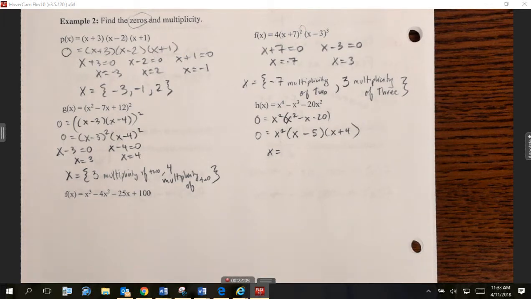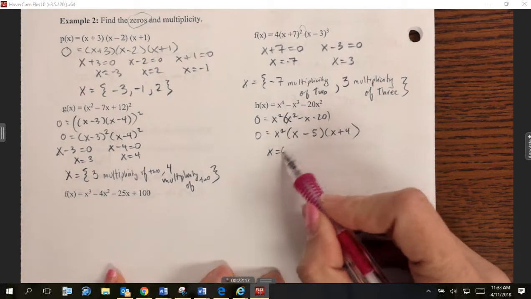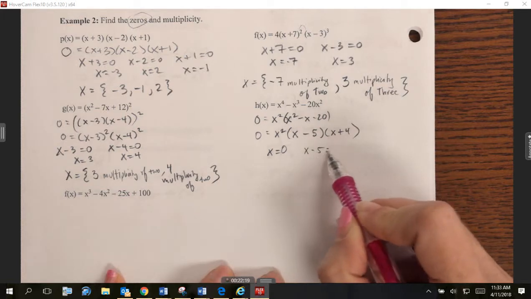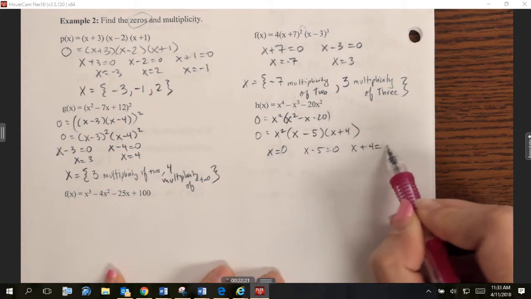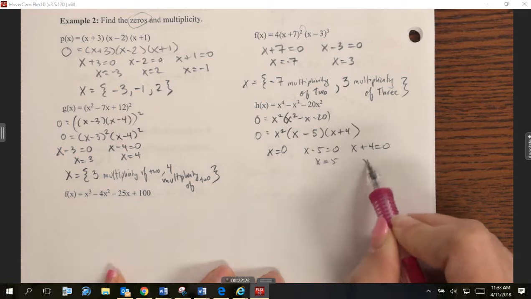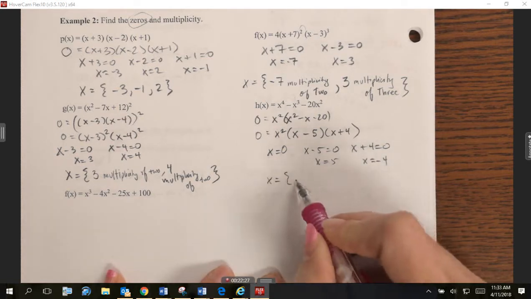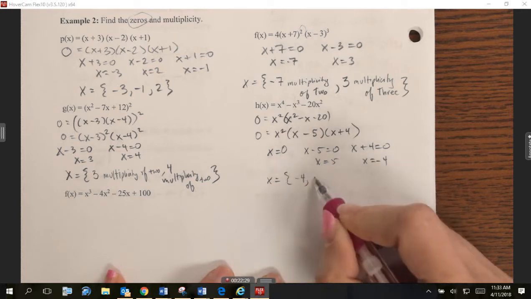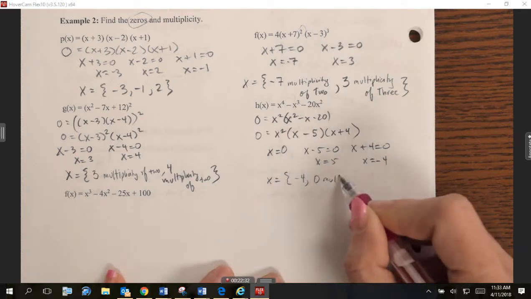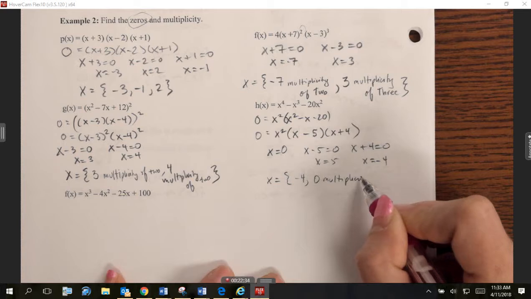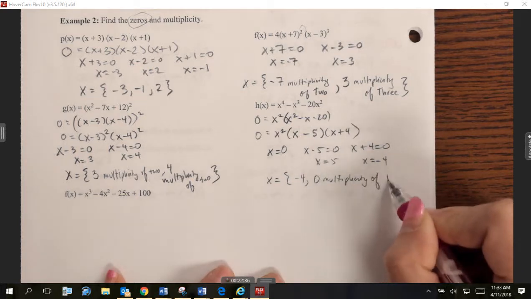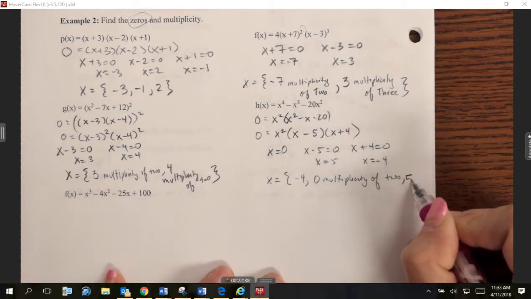So once you have it factored, if I have x squared, I'm going to ignore the squared part. The square just means there's a multiplicity of 2. I'm just going to set x itself equal to 0, x minus 5 equals 0, and x plus 4 equals 0. So we've got the number -4, we've got 0 with a multiplicity of 2, and then 5.